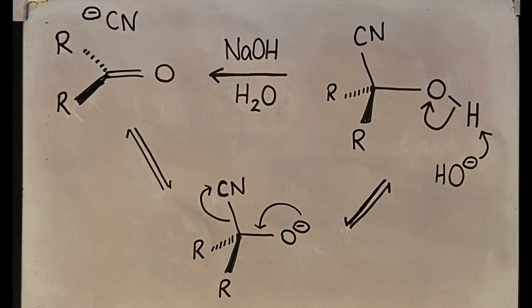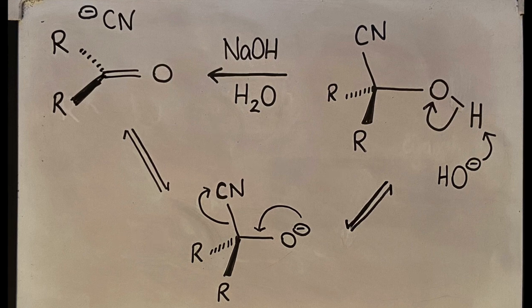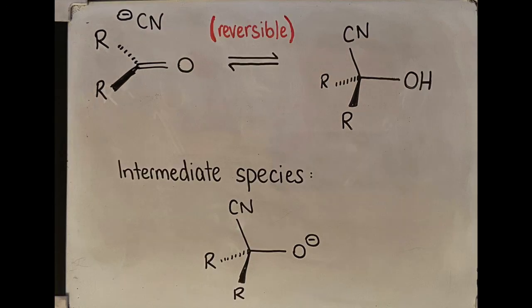This takes us directly back to the reactants. So in this reversible reaction, which shares the same intermediate species, there must exist an equilibrium between the carbonyl compound and cyanohydrin. So how would you determine which side of the equilibrium is favoured?